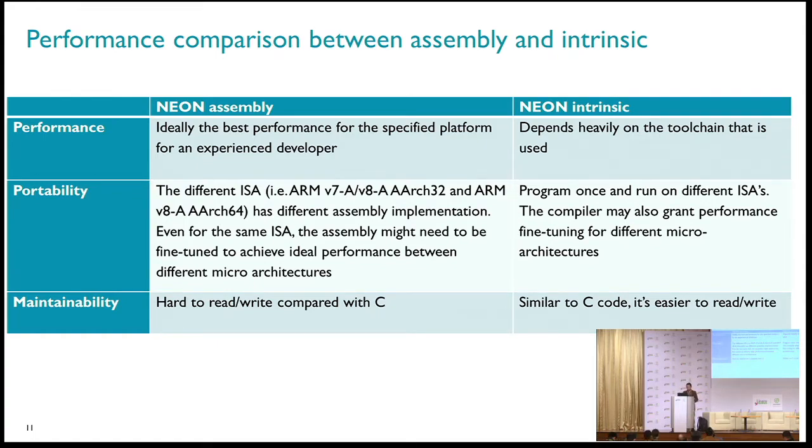On the contrary, Neon intrinsics depend heavily on the compiler, but we can program once and run on different ISAs. The compiler may also provide performance fine-tuning for different microarchitectures, and it is similar to C code and is easier to read and write. Sometimes the intrinsics might bring better performance than assembly. This is very rare, but it does occur.